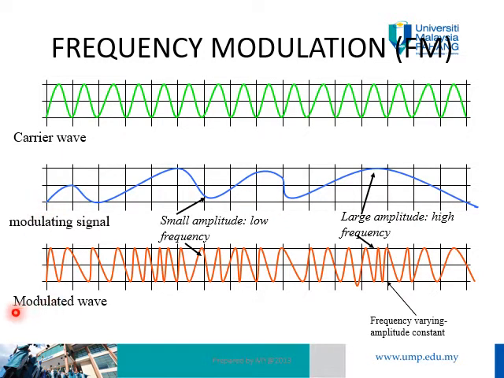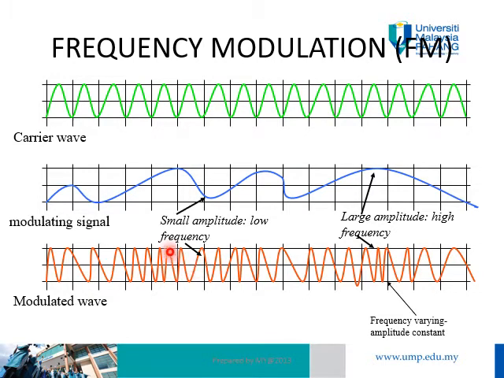So for the FM output, when the carrier wave and modulating signal combine together, we have constant amplitude here, but the frequency changes.